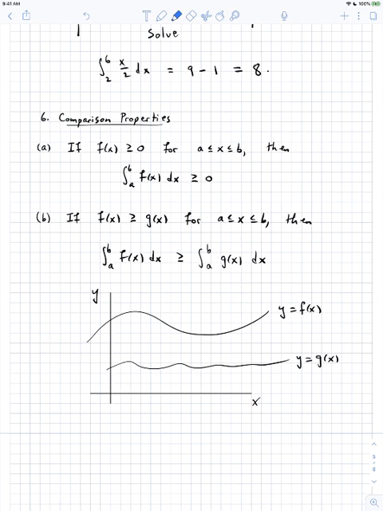The g integral is the area, well, I should probably mark out an a and a b. Then the integral of g from a to b is going to be the area underneath g.